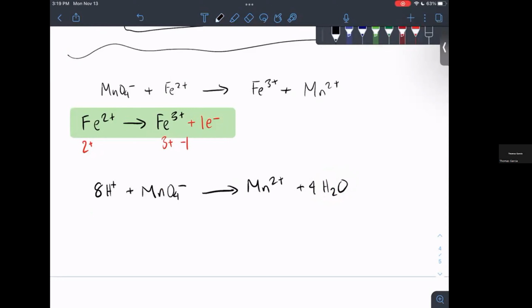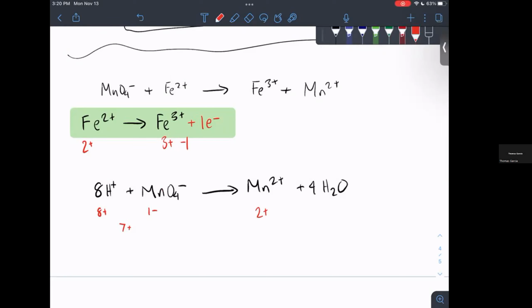And so as I go through and balance, I realize, all right, all my elements are good. Hydrogen 8, manganese 1, oxygen 4, same on both sides. And let's go ahead and evaluate charge. I have 8 plus, I have 1 minus, so that's a total of 7 plus. On the right side, I have 2 plus, and that's it.